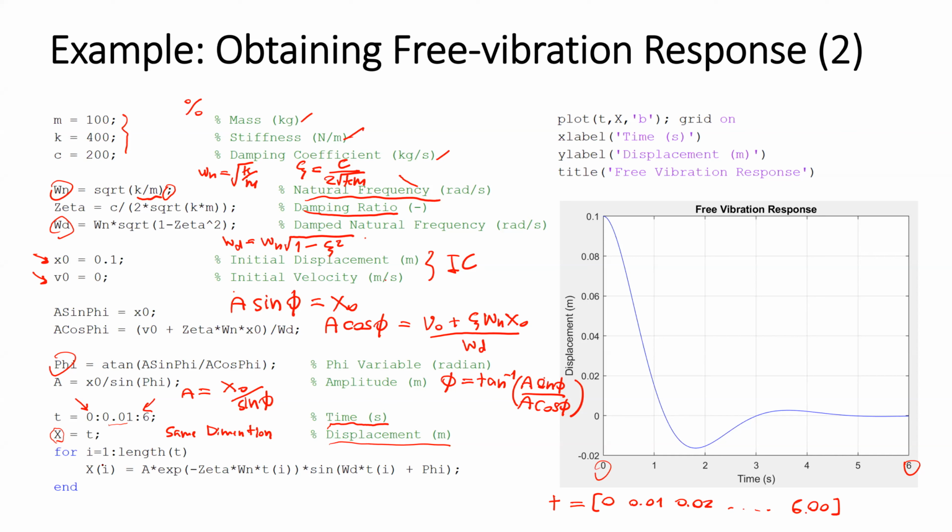I use the for loop, for i from 1 to the length of the variable t, the x that corresponds to the index i will equal to, if you remember, our x(t) is equal to A e to the power of minus zeta omega n t, sin of omega d t plus phi. So x is a function of the time t.